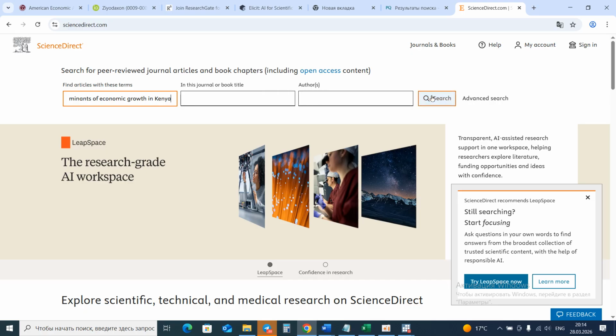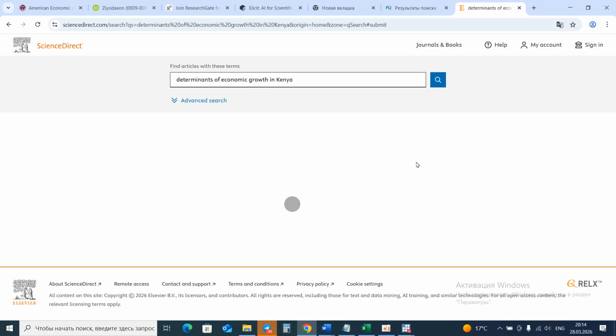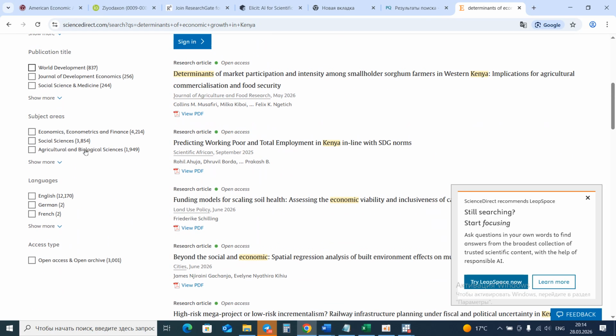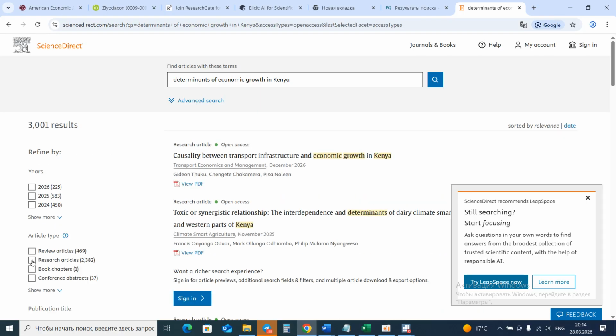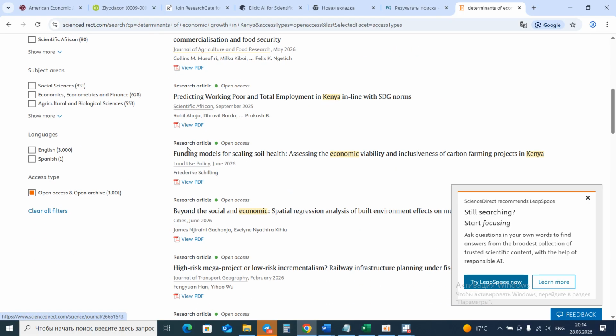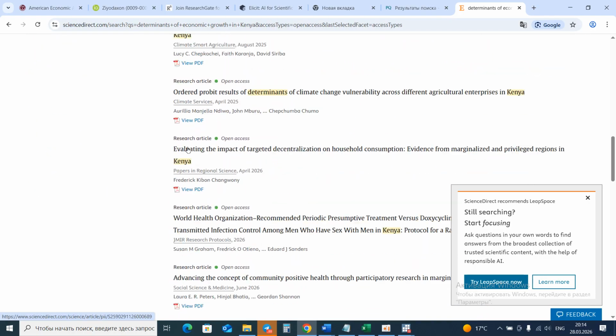Name, search. So as you can see, we have 12,175 results, but we need only open access, and only 3,000 of them are left. So we can view all of them for free without any problem.